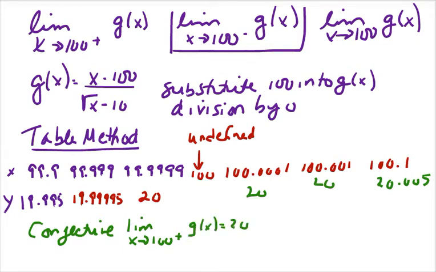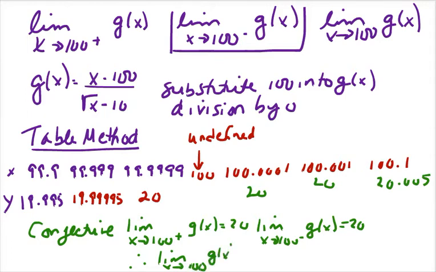And also, if I approach 100 from the left, it's 20. Therefore, since they are equal, the two-sided limit as x approaches 100 of g of x is going to equal 20. Okay, so we just used the table method to help us analyze a limit.